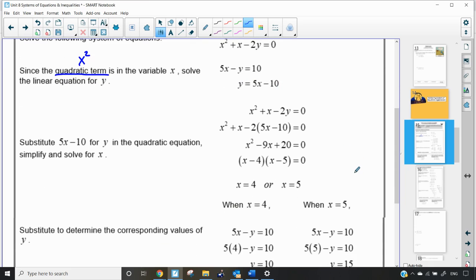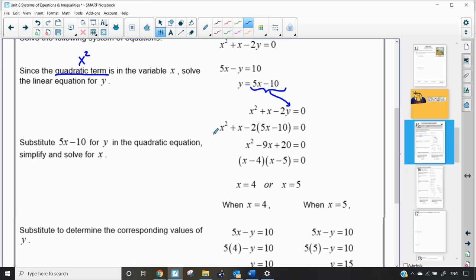Now, at this point, we're going to take that 5x minus 10 and substitute it in for the y value in our quadratic. I kind of think about volleyball when I'm thinking about substitution. This x squared plus x minus 2y is our court, and we're subbing in a new player for y. So the y player is coming out and the 5x minus 10 player is going in.